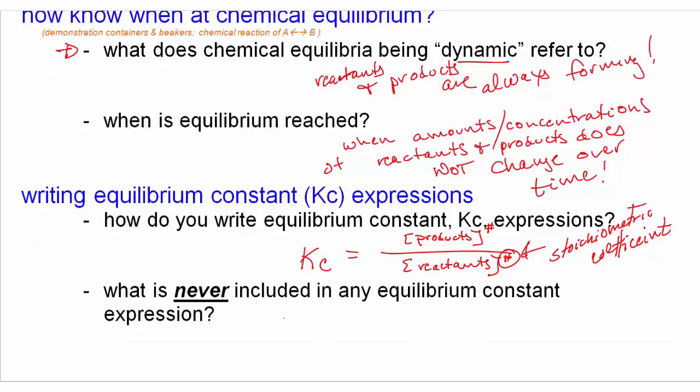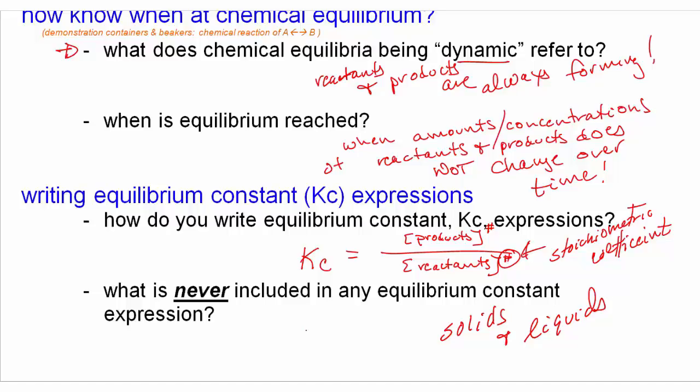What is never included in any equilibrium constant expression? So these reactants and products, you never ever see them in a Kc expression. What are they? Solids and liquids. It's strange. We never really thought of this before, but water, pure liquid water, has a concentration. In fact, it's 55.4 molar.